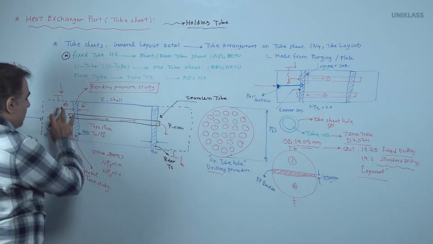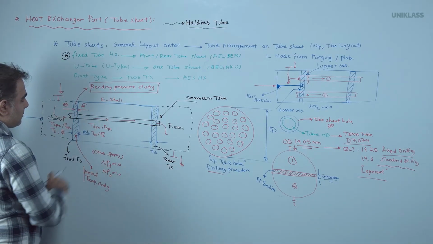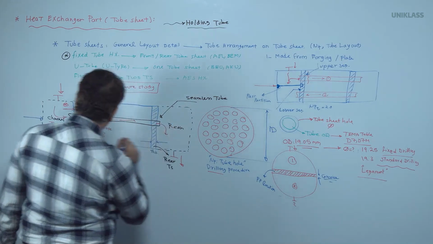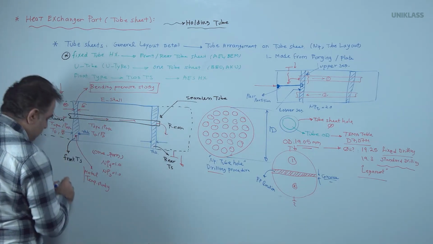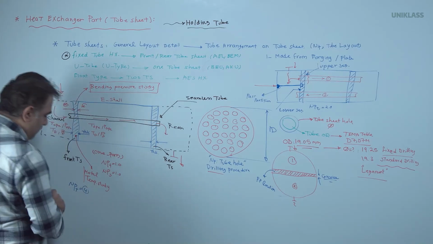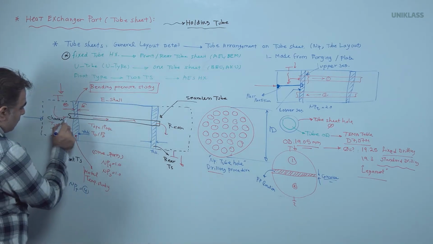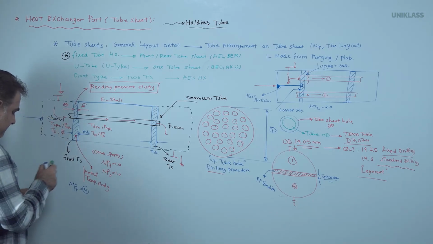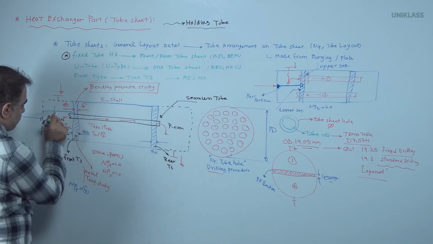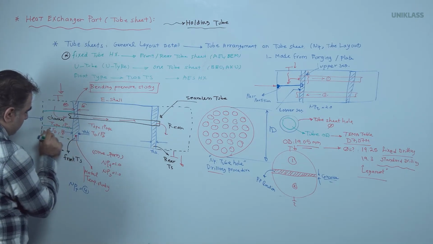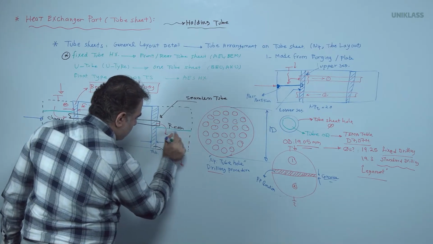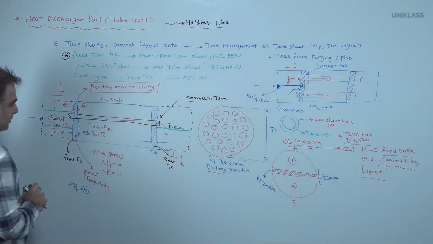In case of higher tube passes, we need to put additional path partitions here. For example, if we have 4 tube paths, we know that 2 path partitions are available here, 1 path partition here, and 1 path partition here, and one tube path between them.